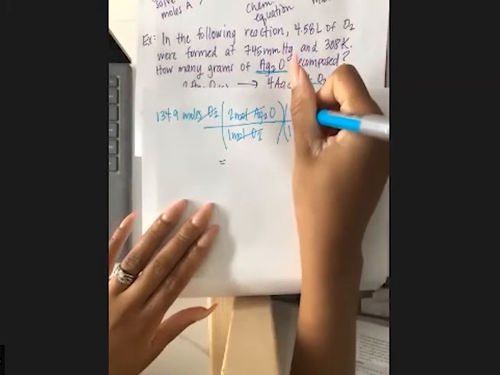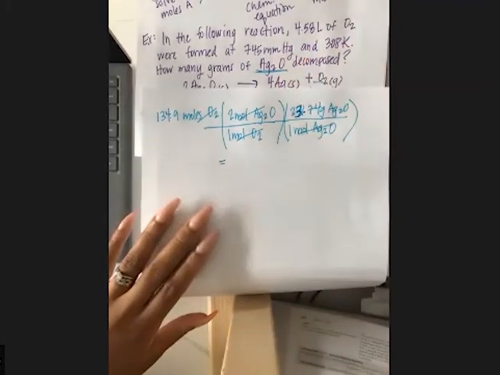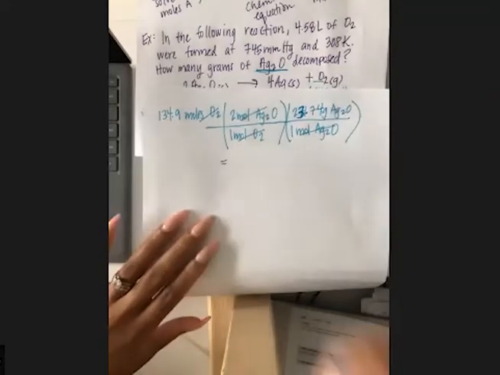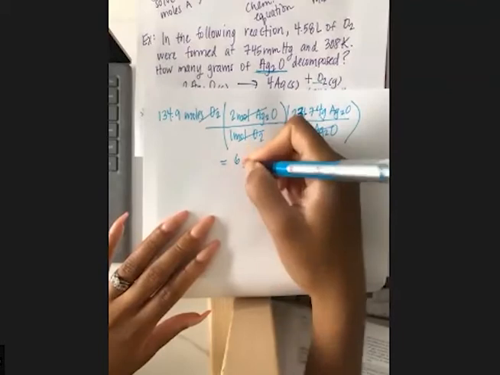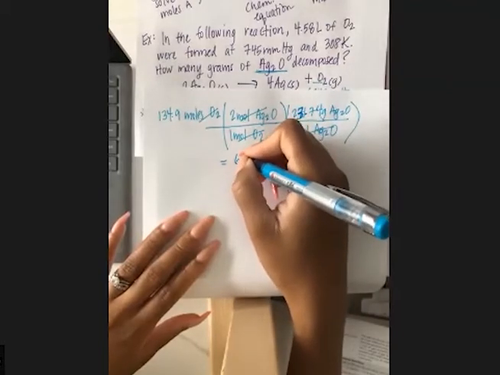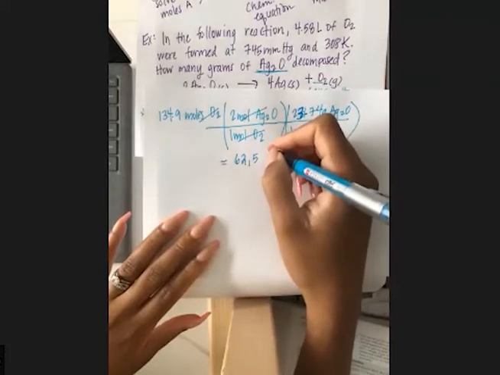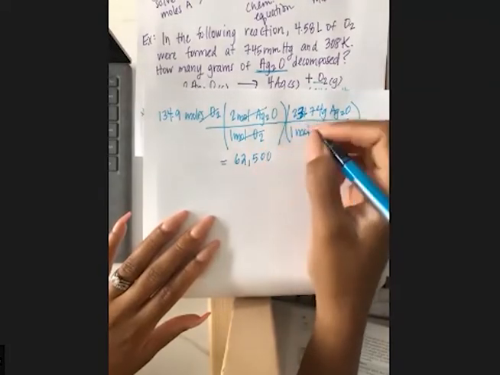I had 6.252 times 10 to the 4. Right, so you're basically saying you have 62,500.